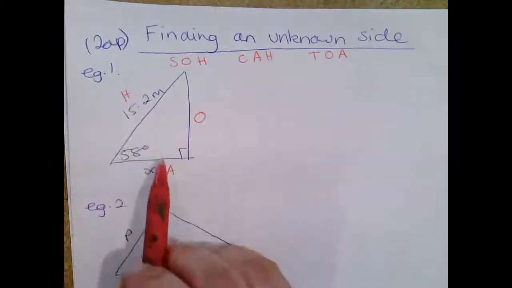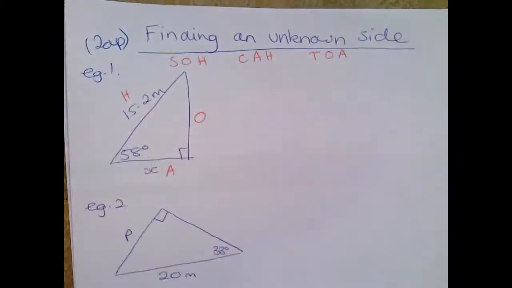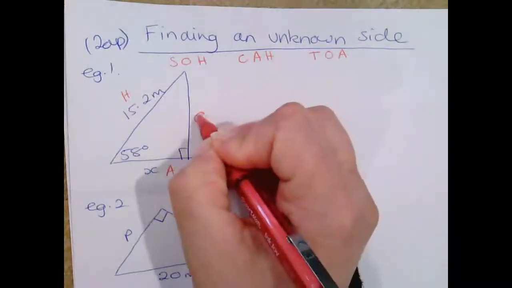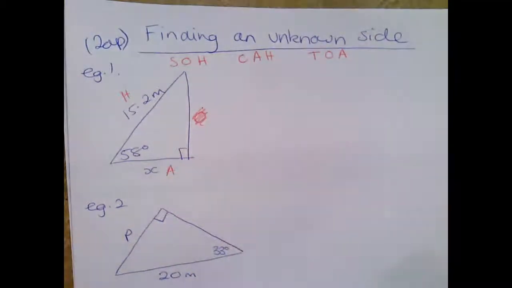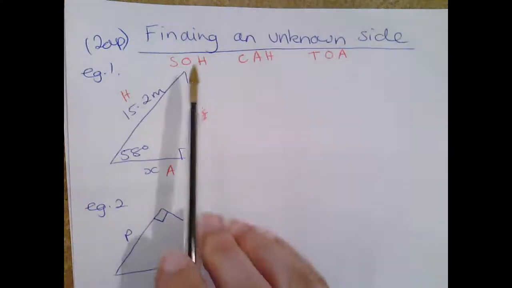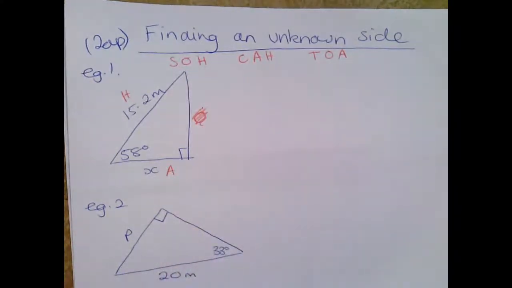Now, of those three, O, A, and H, which one do we not have any information for? We don't know what it is, we don't care about it, we don't want to find it, there's no number or letter there. And that would be O. So if I scribble out O, we're left with A and H. Which one of the three is adjacent and hypotenuse?